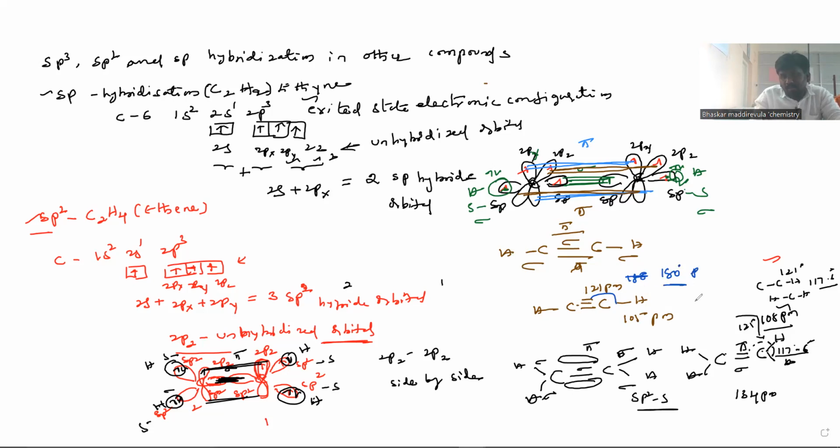Now see here, the carbon hydrogen bond length is decreasing. That means the carbon hydrogen bond length depends upon the hybridization of the central carbon. In the case of sp3 carbon and hydrogen, the bond length is around 109 picometers. The sp2 carbon hydrogen bond length is 108 picometers.